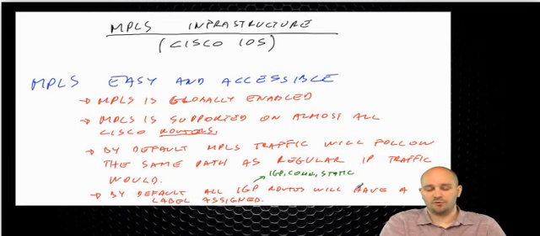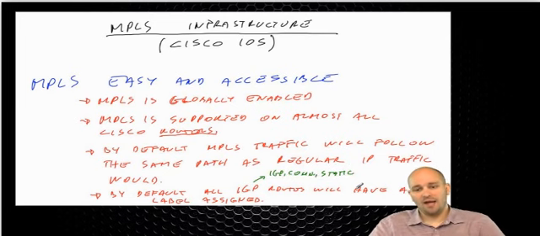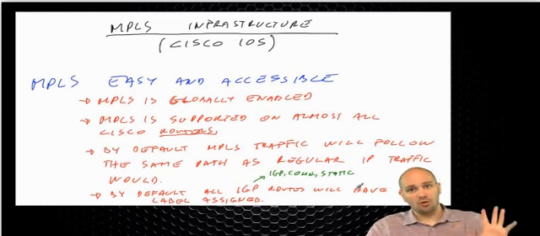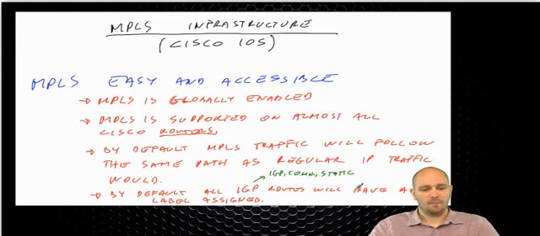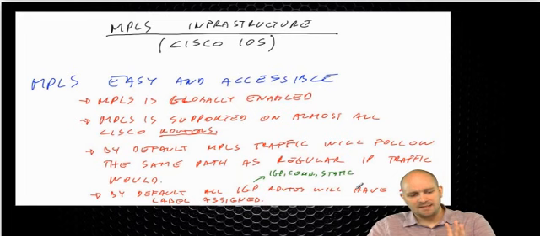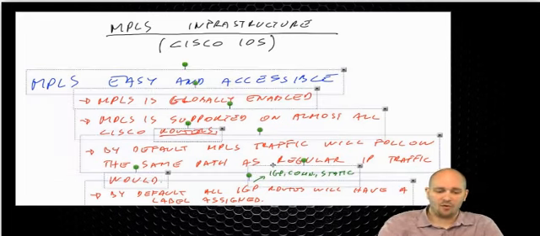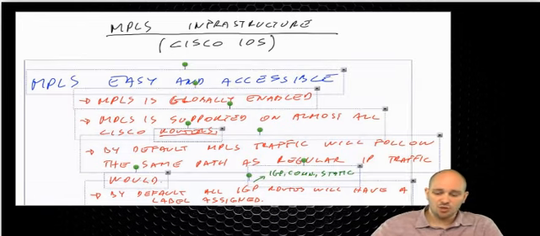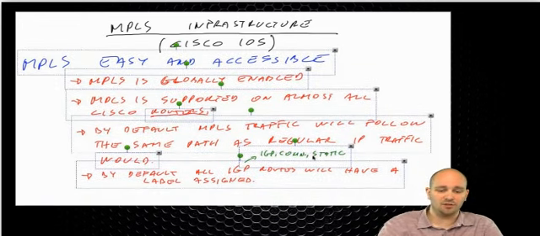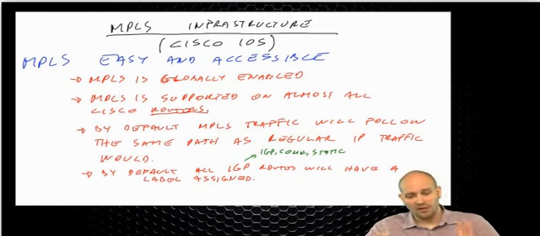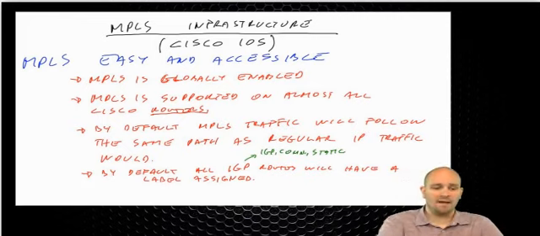All these routes from these sources will have a label assigned by default, so you don't actually have to do anything. This is what makes MPLS easier and more accessible in iOS. Now, with other vendors, this is not necessarily true. With other vendors, you may actually have to do a little bit more work to get MPLS up and running. With iOS, all these things are actually there by default.